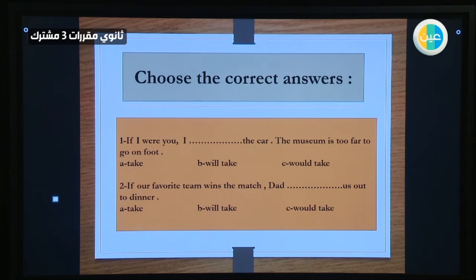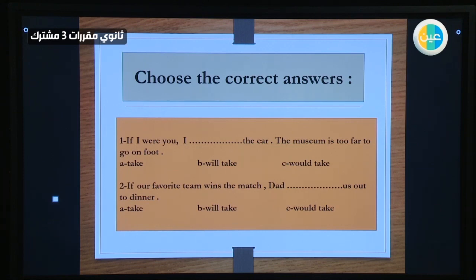Like when I say, if you study well, you will pass. This is a normal thing. Or when I say, if you go to the supermarket, bring me some chocolate. This is something normal. I can use either will or the imperative. And the last kind is what? If, and the past, for something difficult to happen. We are going to use if, past, and then would or could.